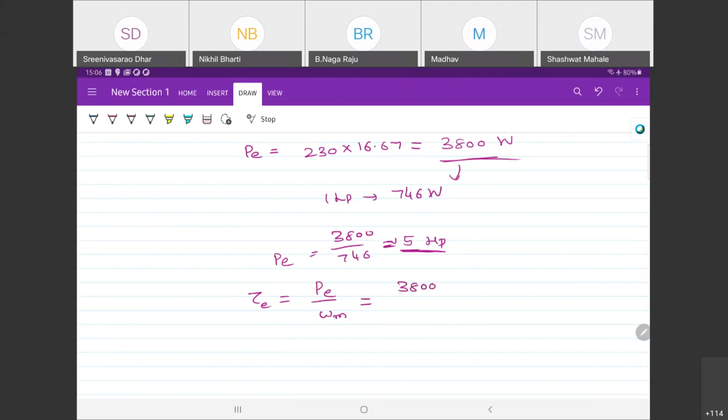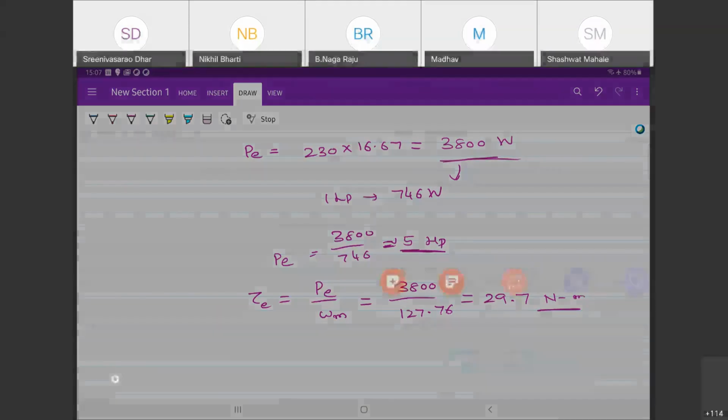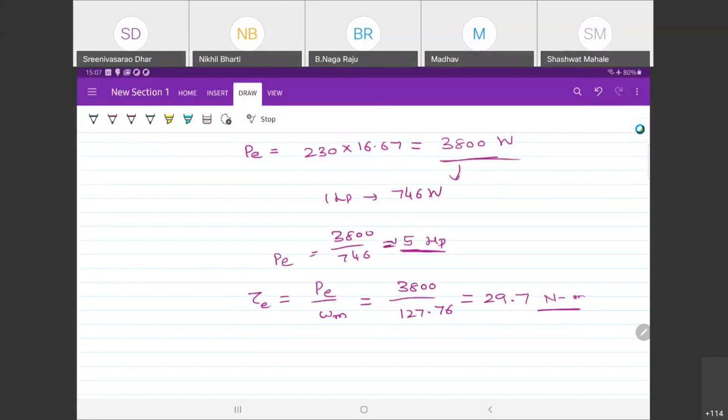So it is 29.7 Newton meter. That is the electromagnetic torque that is produced.